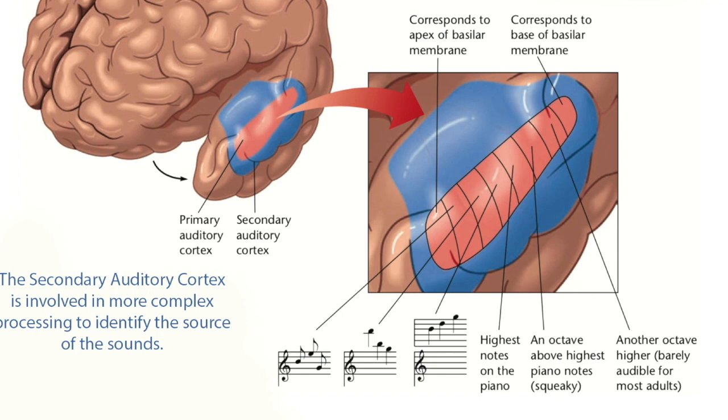So toward the front of our heads, we see the lower notes get processed, all the way to the back where the higher notes are, just beyond the ability for us to comprehend or experience those sounds.